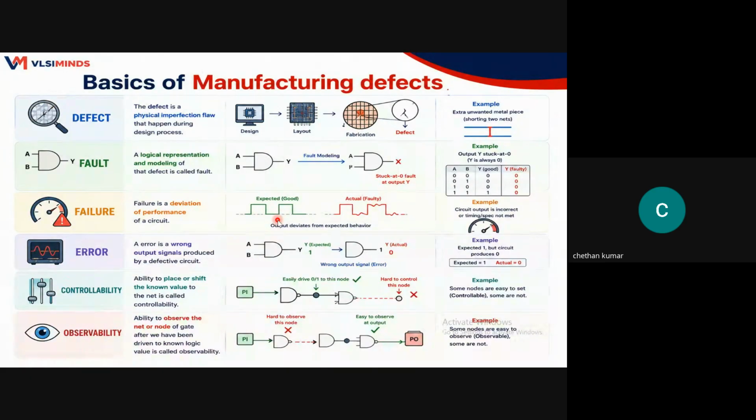A defect is nothing but a physical imperfection that happens during the manufacturing process, while bringing the chip up from the fab. You all know how this works. There are a lot of processes involved in the fabrication of ICs, so there can be some scratches, or some shorts between two nets.